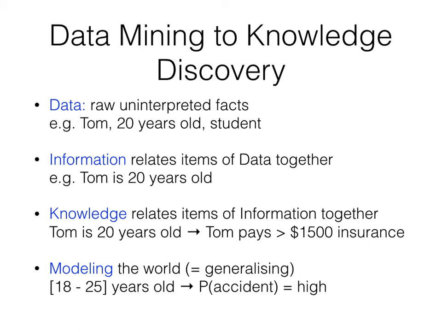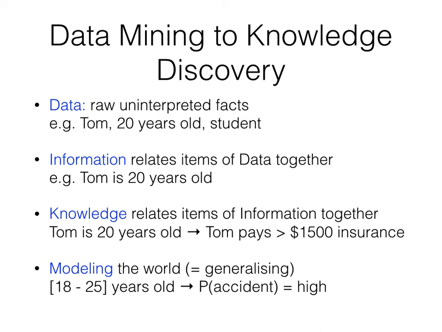The next level after that is knowledge, and it relates items of information together. So we can say something like, the fact that Tom is 20 years old implies that Tom pays more than $1,500 insurance. We've got those two bits of information, and now they've been linked together. What we do with modelling is try to generalise those ideas of knowledge.